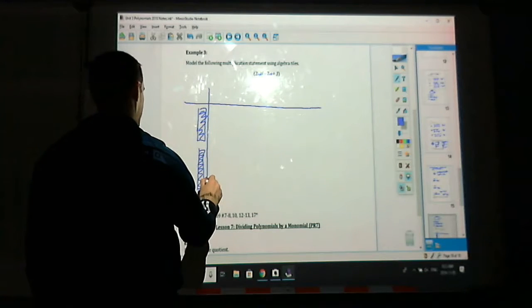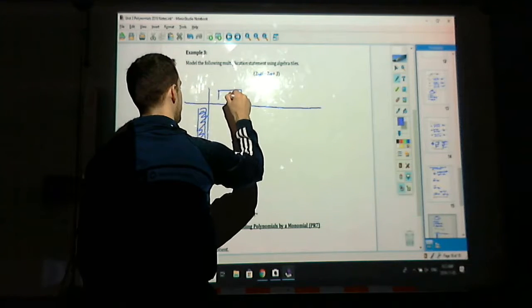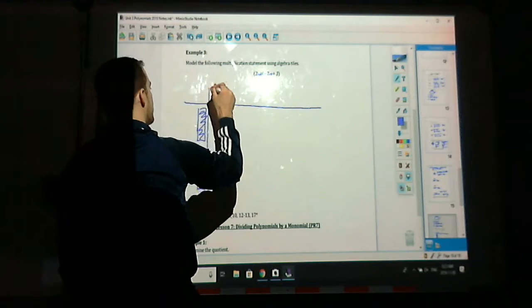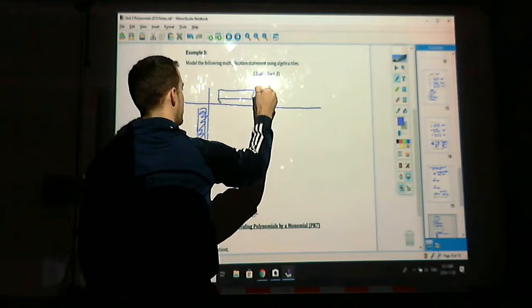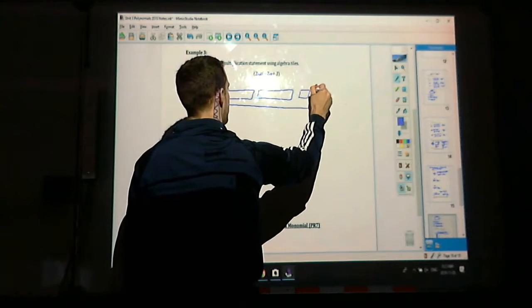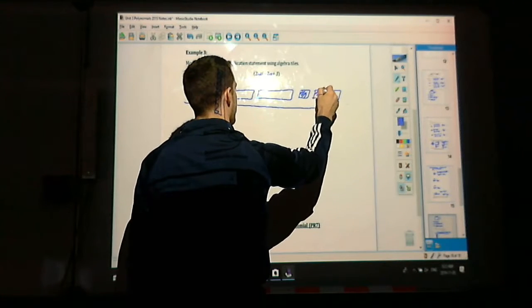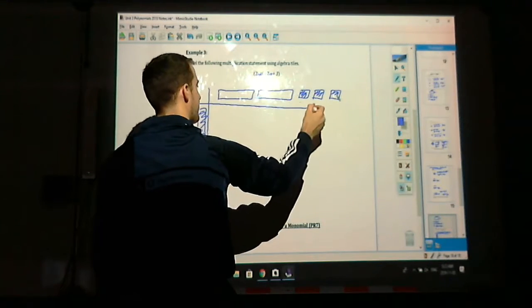Take that all the way down. And then up top here, we have 2 negative x's and 3 single units. And they are positive. And these are negative.